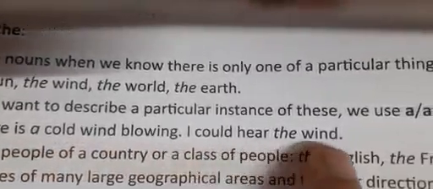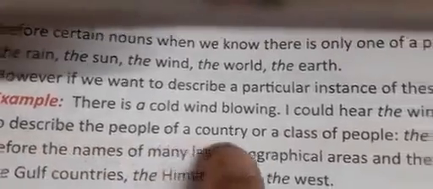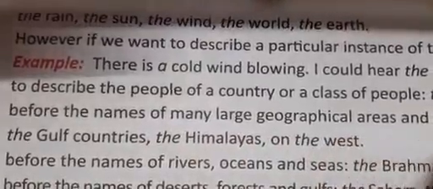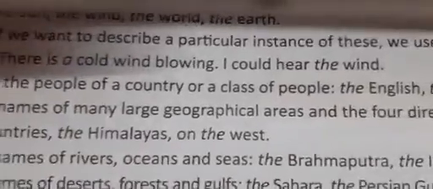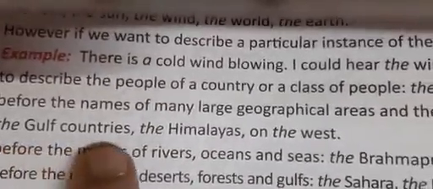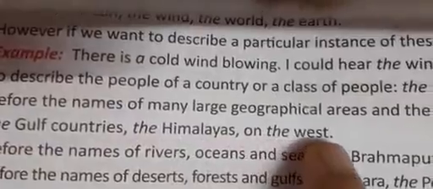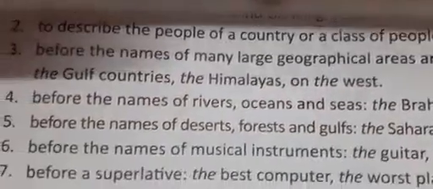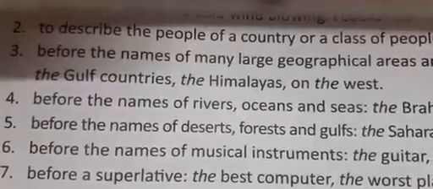I could hear the sound. Second, to describe the people of a country or a class of people: the English, the French, the rich. Third, before the names of many large geographical areas and the four directions: the east, the Gulf countries, the Himalayas, the west. We are using the before these special things.